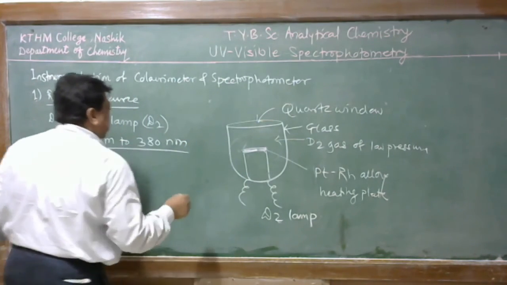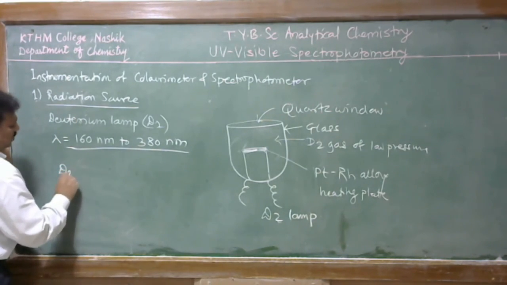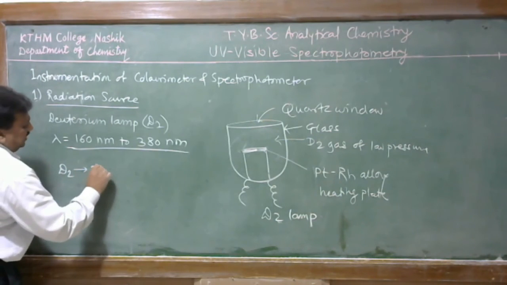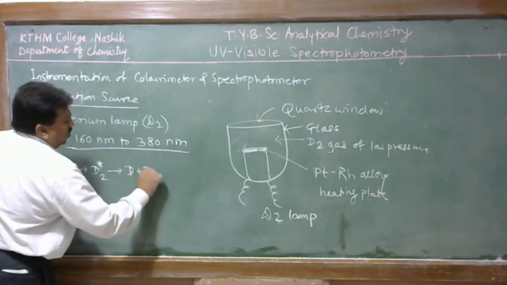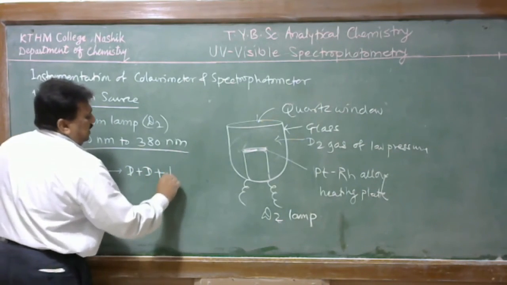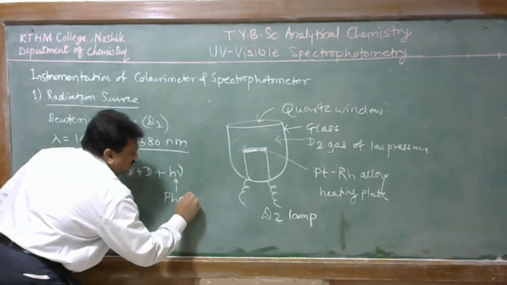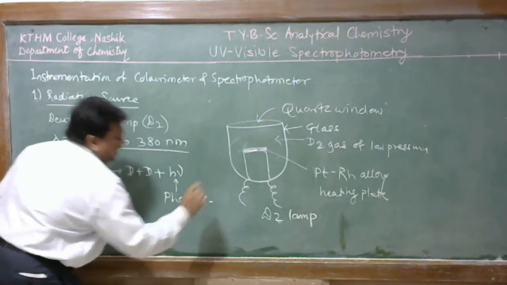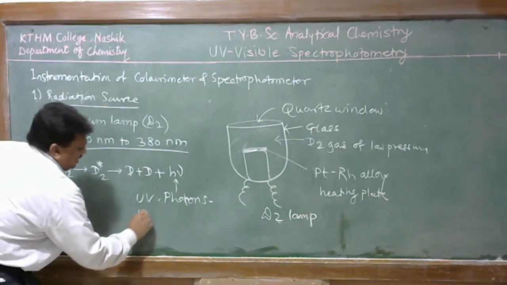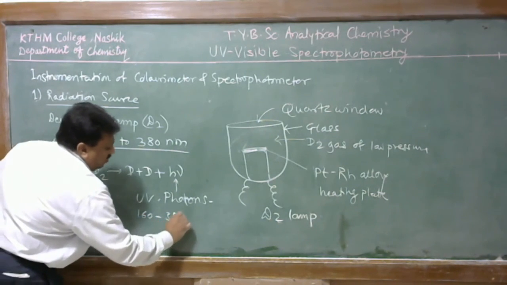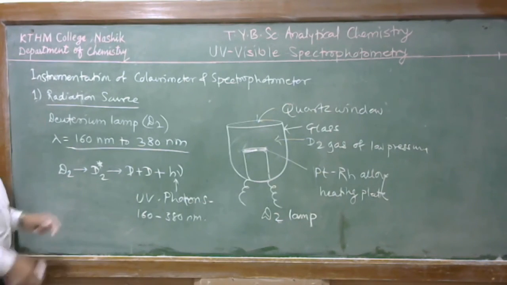Because of electrically heating this platinum rhodium alloy, the D2 gas undergoes excitation, and when it is converted to two deuterium atoms, a photon of h nu is emitted in the ultraviolet region, and that gives the 160 to 380 nanometer radiation.